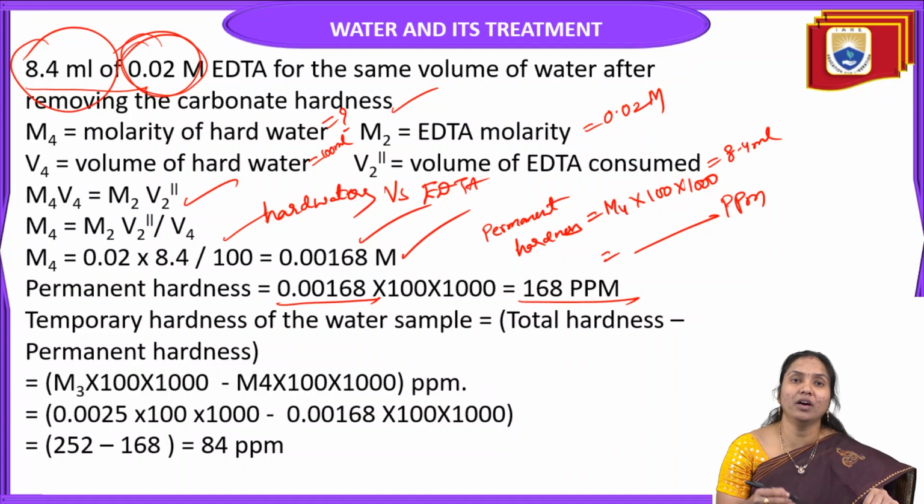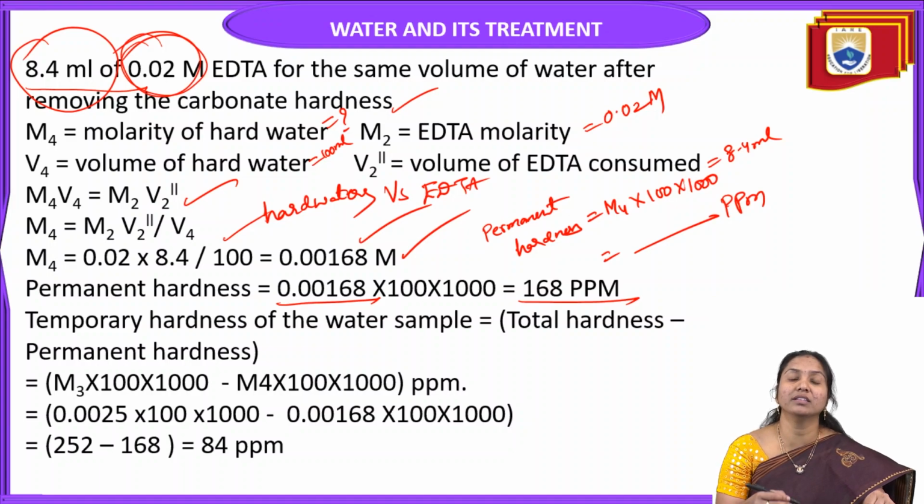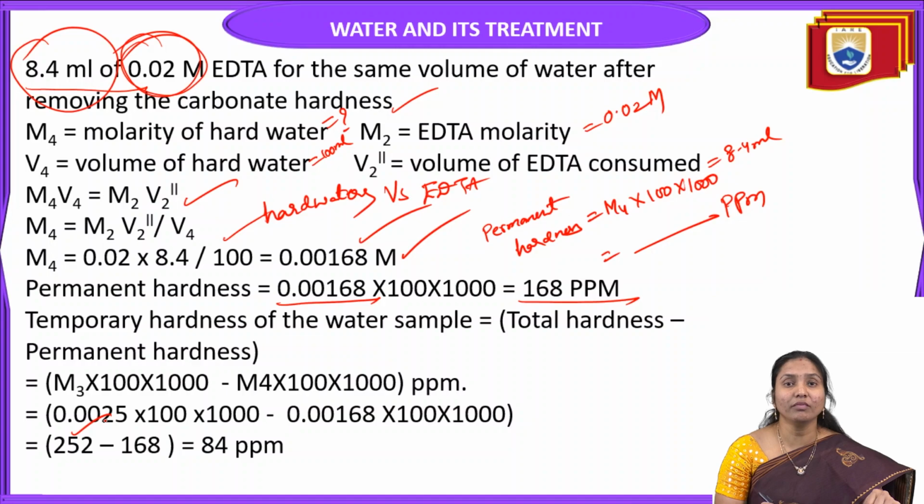So next, temporary hardness. How can we calculate the temporary hardness of water sample? So temporary hardness equal total hardness minus permanent hardness. So total hardness of given water sample is 252 minus permanent hardness of given water sample is 168. So 252 minus 168 is equal 84 ppm.